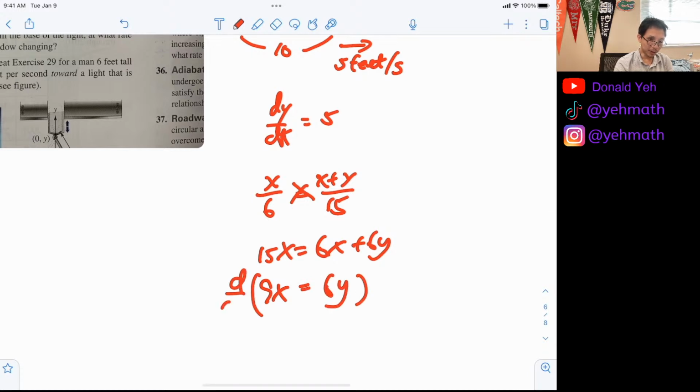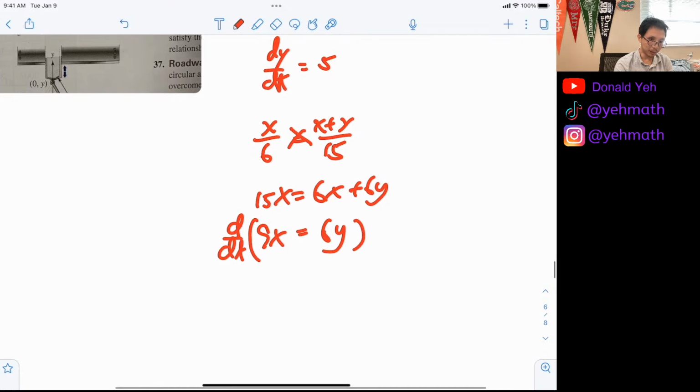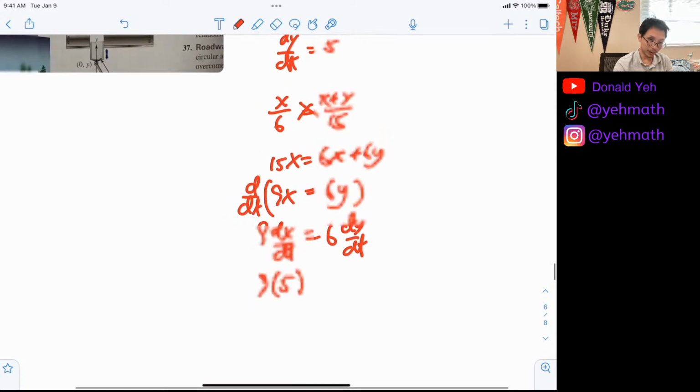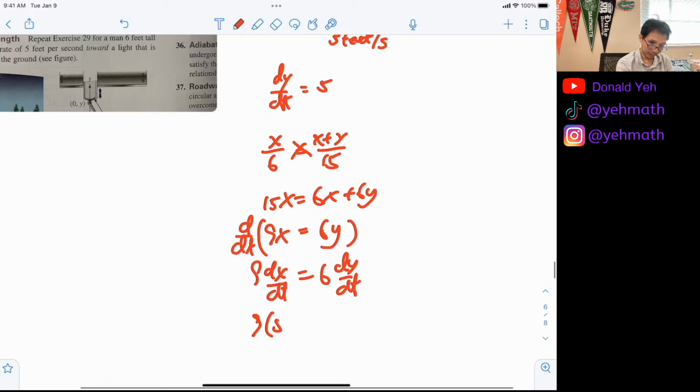The derivative is so much easier compared to the prior one. So it'd be 9 dx/dt equal to 6 dy/dt. And 9 times dx/dt is what? Wait, dx/dt is not 5. dy/dt is 5.